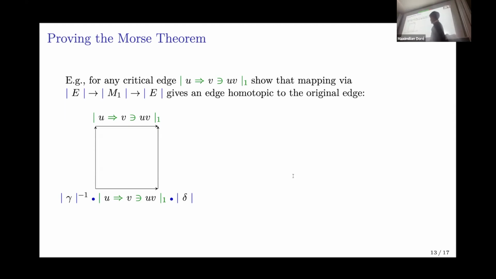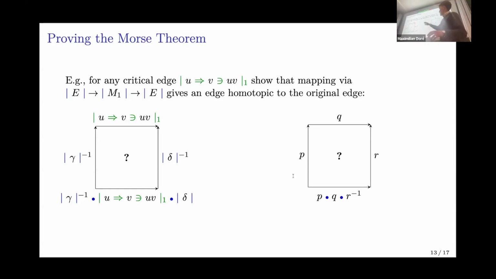And we now have to show that these are equal, i.e. we have to construct a square between these two paths. The other sides of the square are given by some other constructions in our proof. And now to resolve such a proof goal, we can actually just call our solver, because if you abstract away from this and just introduce variables p, q, and r for these paths, so now we also have inverses directly in our language, then really this is just a combinatorial problem, right?